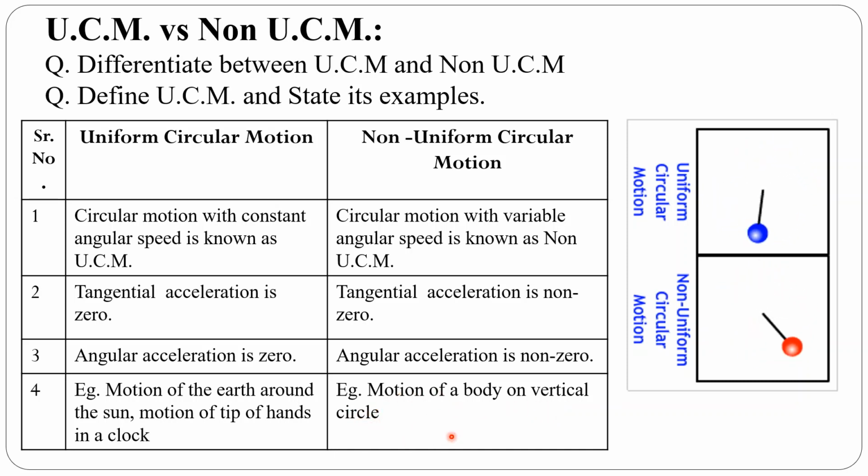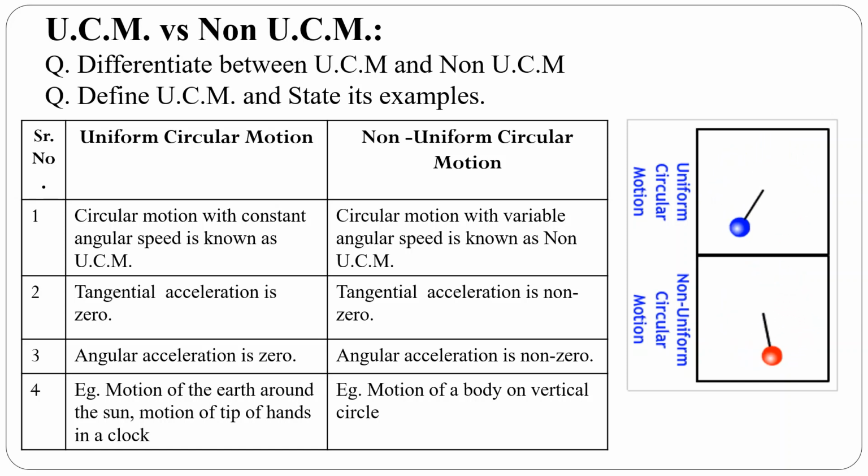In vertical circular motion the velocity changes at every position. From the figure we observe that the bob is performing vertical circular motion, and at different positions the velocity is different. So vertical circular motions are non-uniform circular motion.